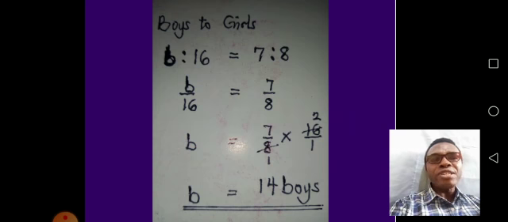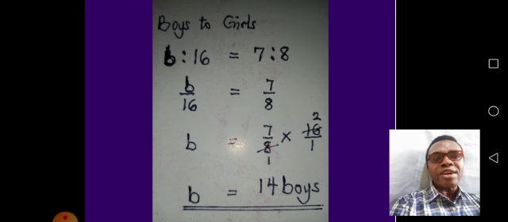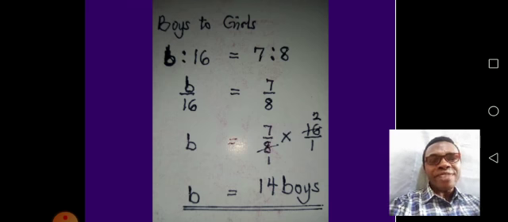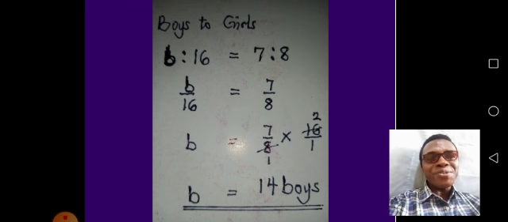And then, of course, the simplest ratio is 7:8 for boys to girls. So we have boys over girls. That's B over 16 for the number that is known. And then the simplest ratio of boys to girls is 7/8. And so B equals 7/8 times 16/1, taking the denominator on the left-hand side across the equal sign to the numerator. 8 into 8 is 1. 8 into 16 is 2.